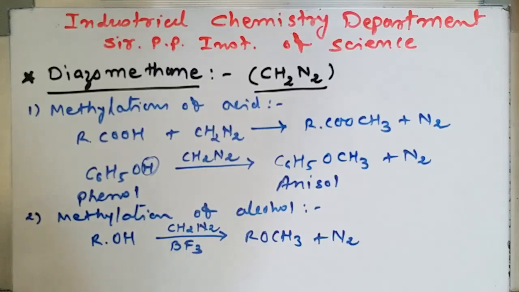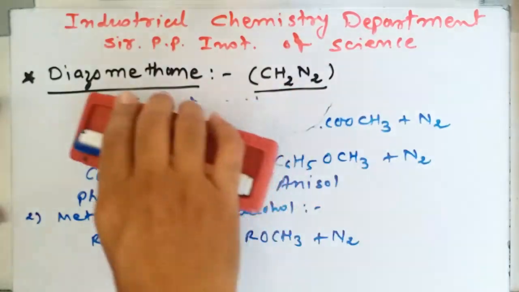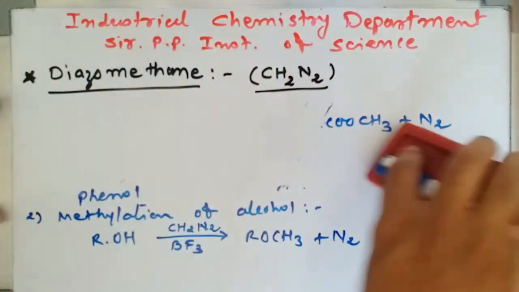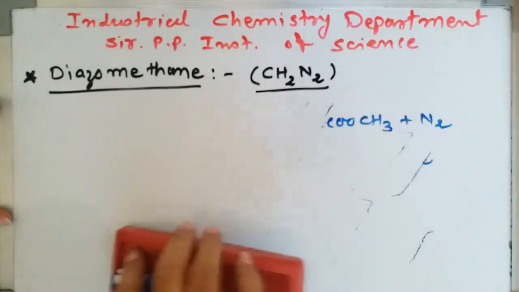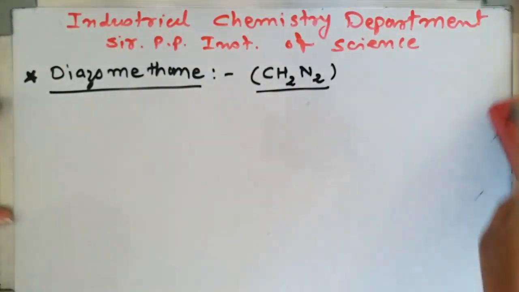On the basis of this property, diazomethane is used as a methylating agent for carbohydrates in determining their ring structures. So we see more application or property of diazomethane as carbohydrate determination.